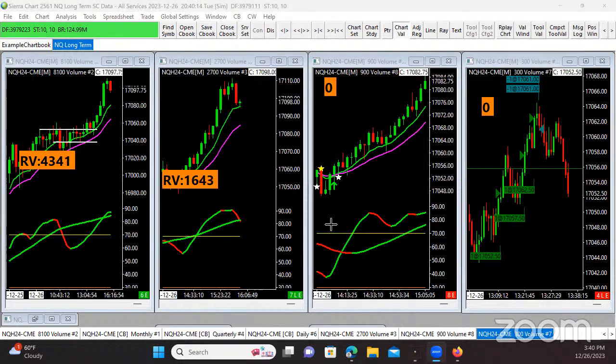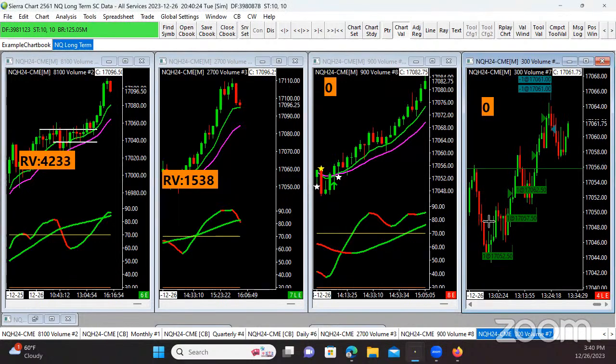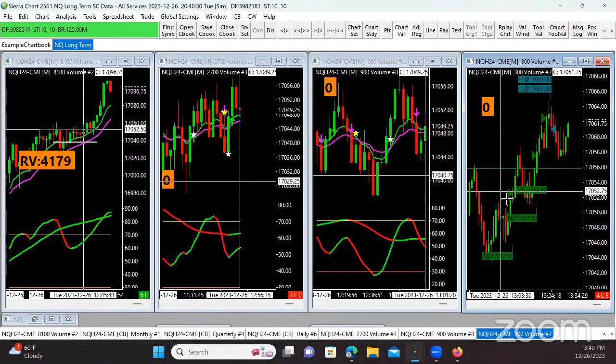I took a trade today and I'm going to show it to you and show you what it looks like, right? I took a trade today, as you can see here, and I entered the trade 3 times.